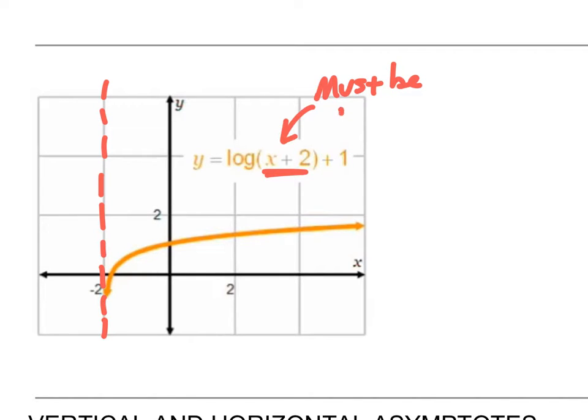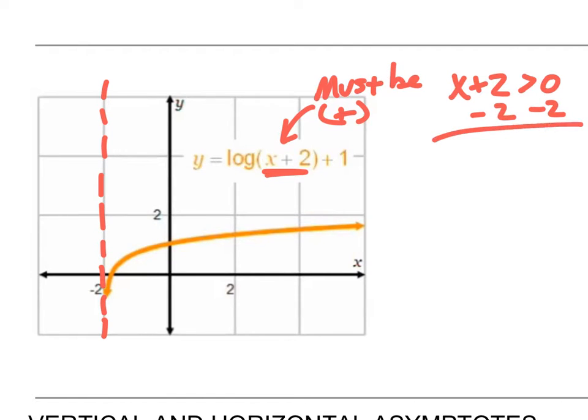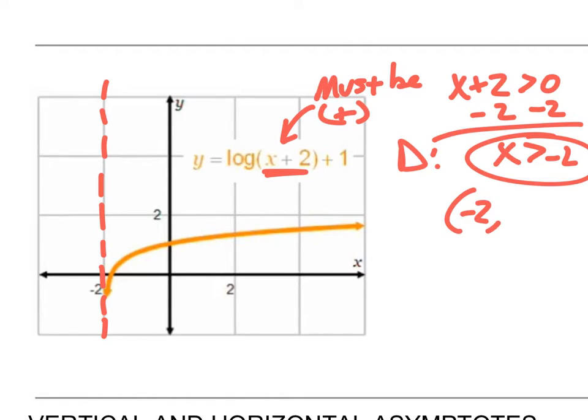Same thing with the radical functions. So when I take x plus 2, I'm just going to set that greater than 0. Then I subtract 2 from both sides, and I get that x is greater than -2. Okay, and that's my domain, all right? I could also put that in interval notation with parentheses: we don't include the -2, and then that goes to positive infinity, okay?